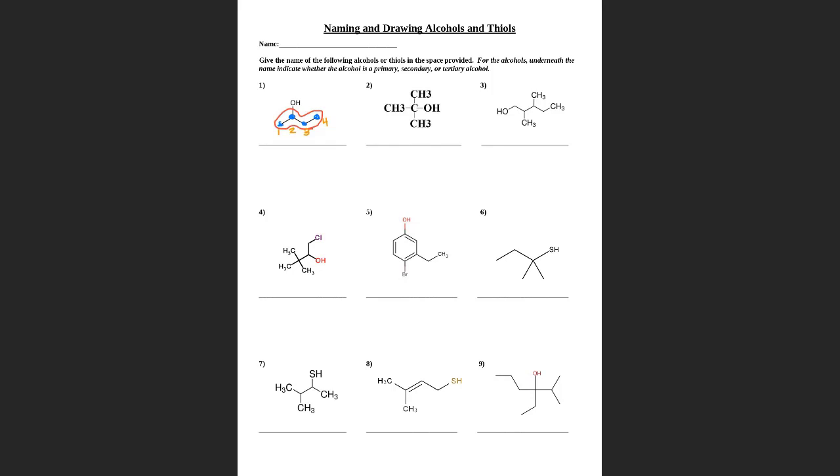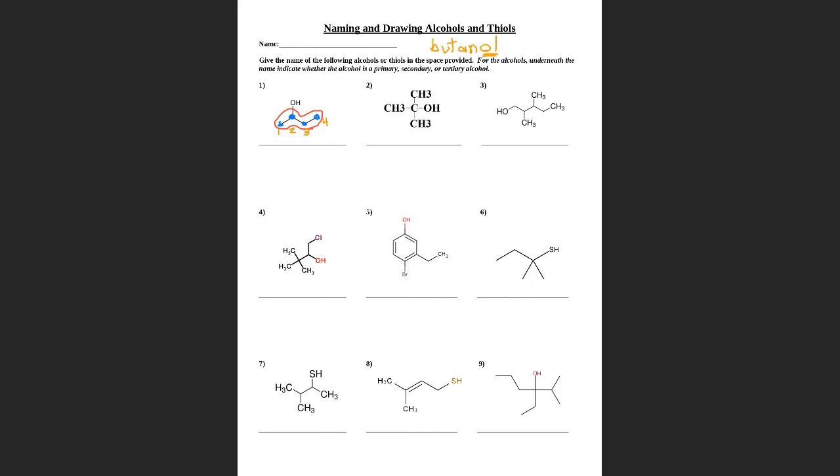So instead of being butane, because 4 carbons would normally be like butane, for an alcohol, you start with the same root, but then you end with an OL ending, alcohol, butanol.